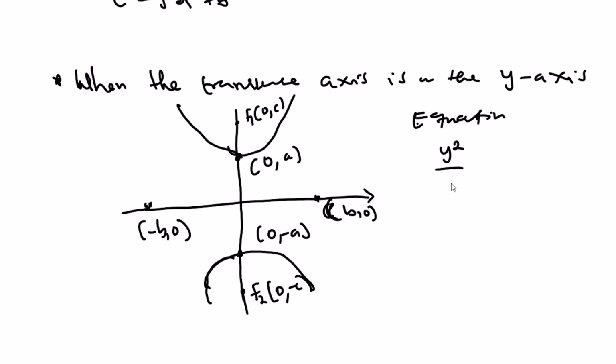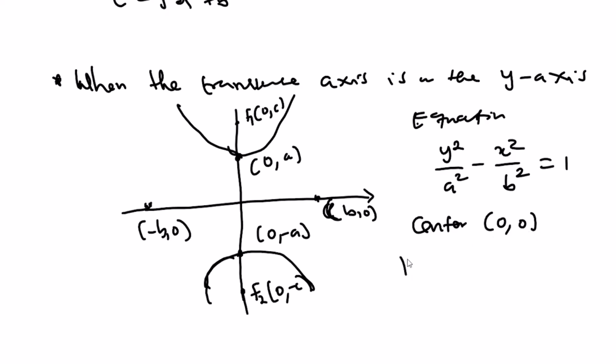Alright, so in this case, when it's in this form, the equation is given by y squared on a squared minus x squared on b squared equal to 1. So in this case our center is 0,0.